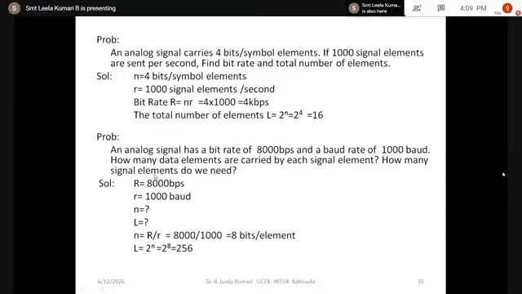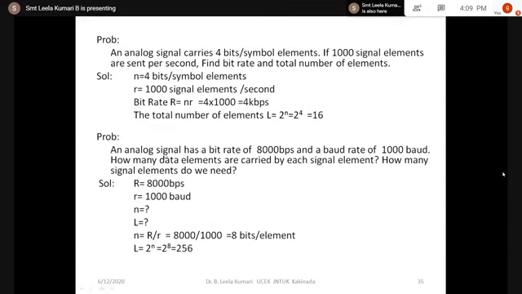And the next problem is, an analog signal has a bit rate of 8000 bits per second and baud rate of 1000 baud. How many data elements are carried by each signal element, and how many signal elements do we need? So here, what was given?